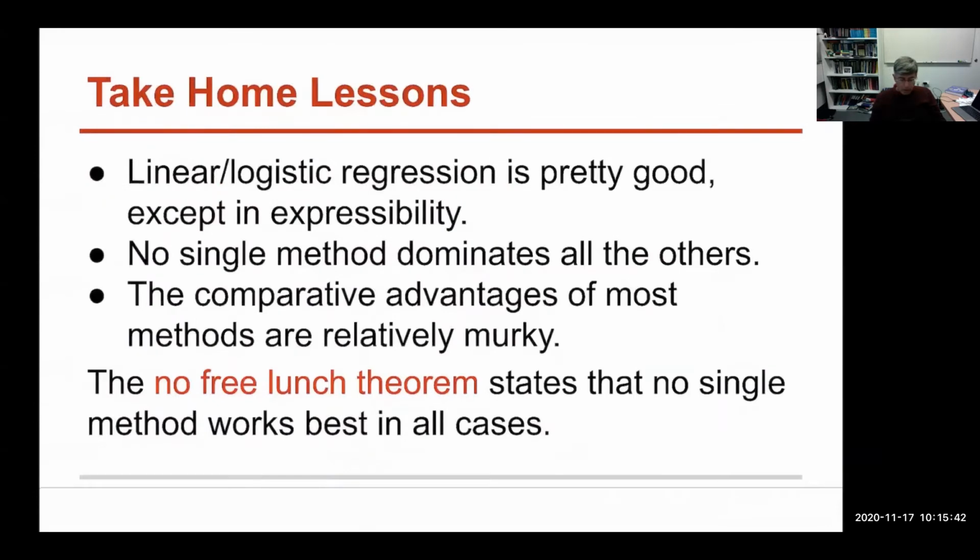As I was saying, when you look at these machine learning methods, one of the things that should come home to you is that the comparative advantages of many of them are somewhat murky.